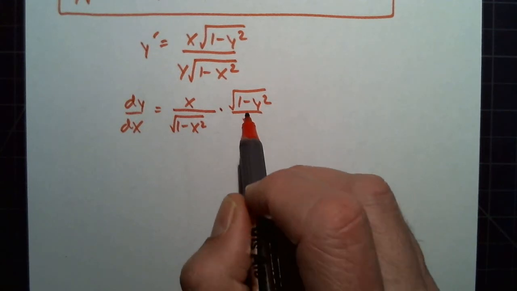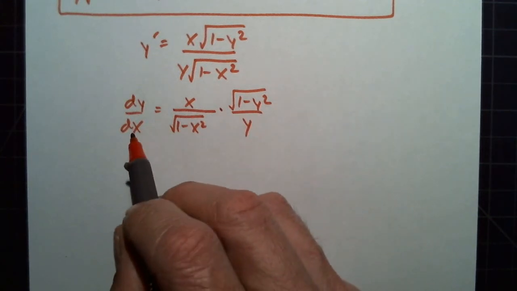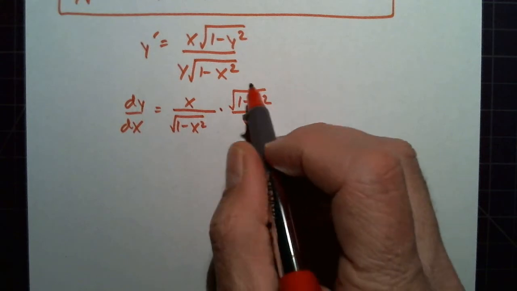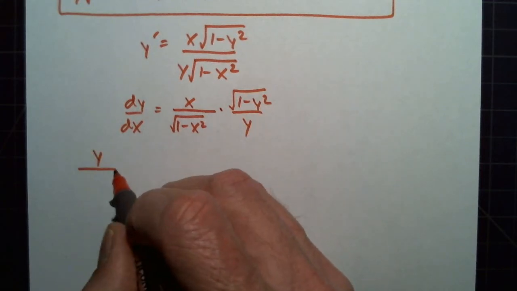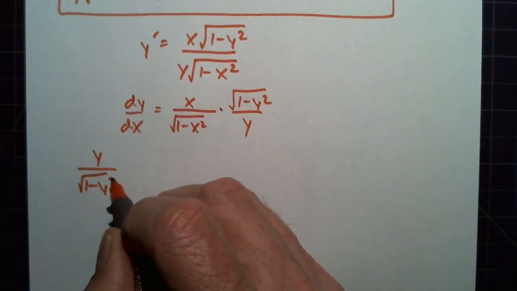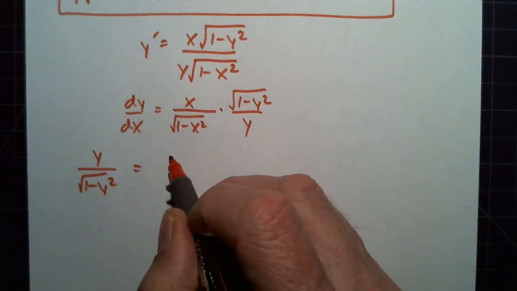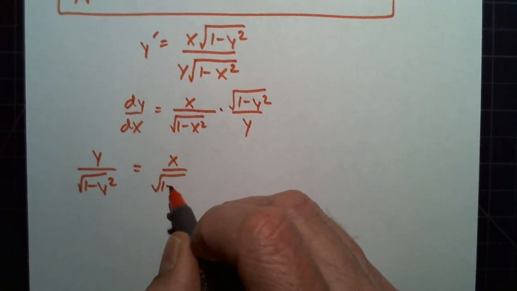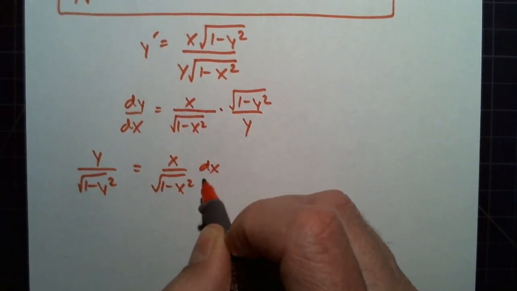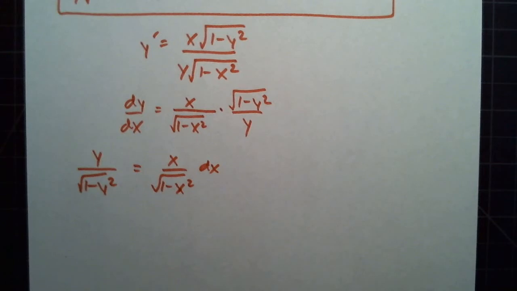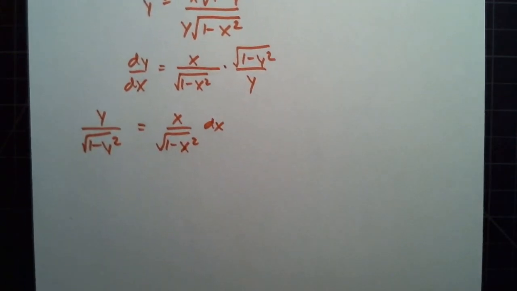Let's multiply by the reciprocal of that, and we'll also multiply by dx. So the reciprocal of that gives us this, and then we have to integrate that.